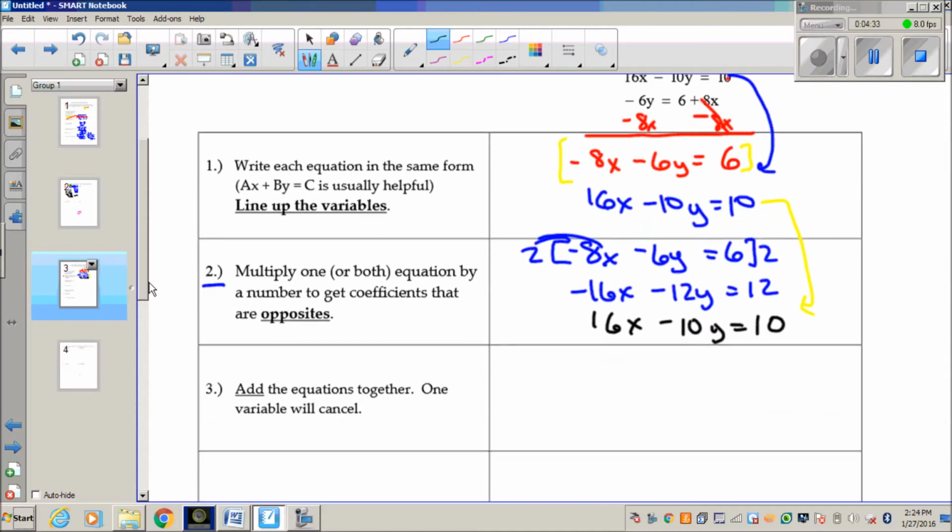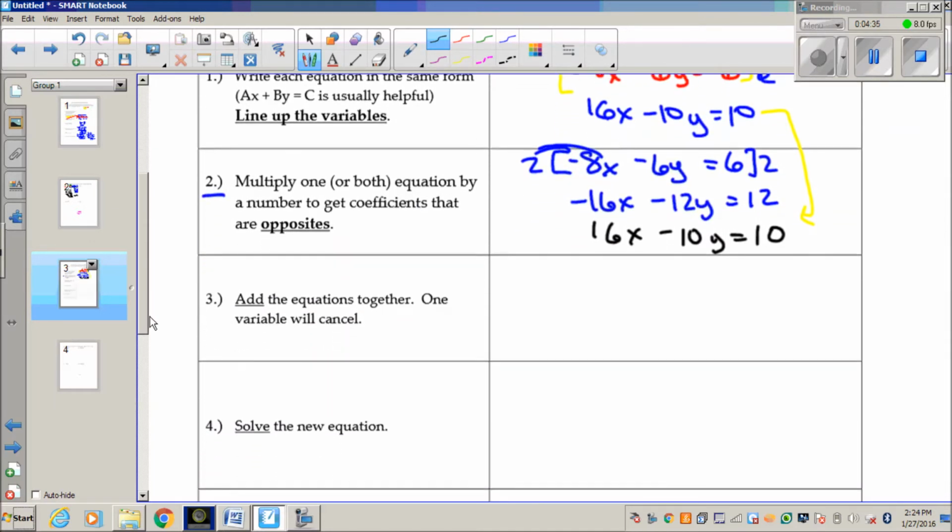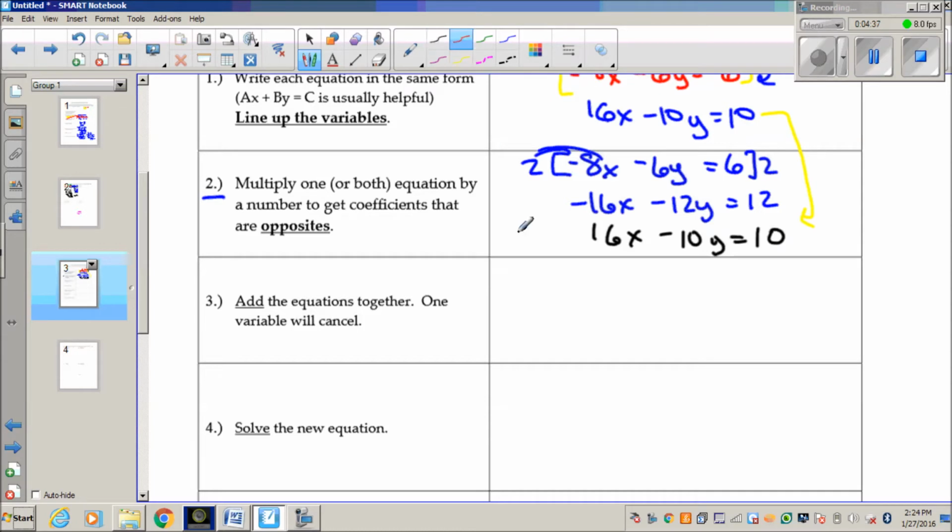Because now in step number 3, I have to add these equations together, just like we did in the other examples. I'm going to add these equations together because when I add them together, the x variable will be eliminated. 0, negative 12 minus 10 is negative 22y equals 22.